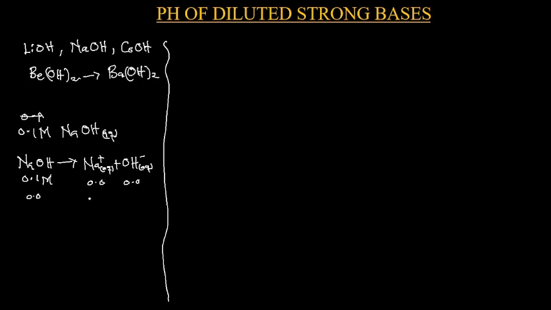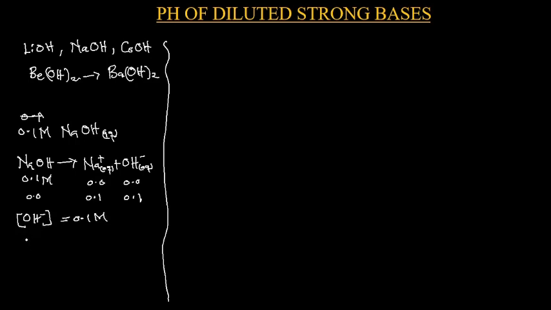So sodium plus in aqueous solution is going to be 0.1 and OH minus will also be 0.1. That means everything dissociated. So from this equation, we can say that OH minus concentration is equal to what we have here, which is 0.1 molar.